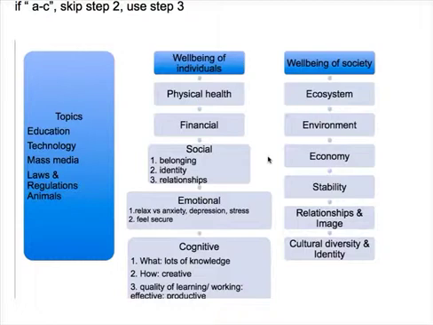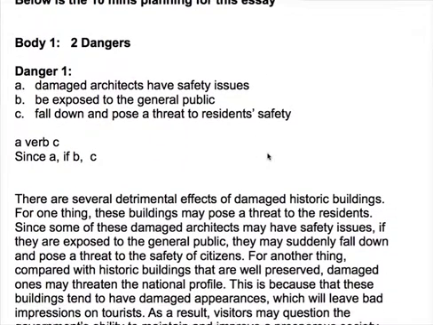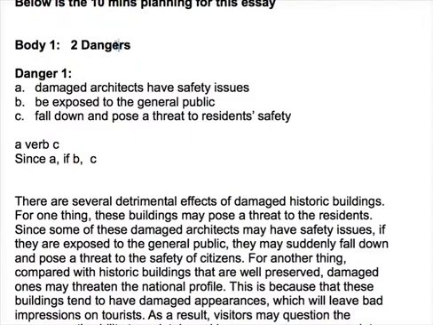So now let's have a look at how this student wrote her ABC phrases, the ideas for each body paragraph. In the first body paragraph, she wrote two dangers. The first danger is A happen. You remember ABC: A happen, B happen, then C happen.